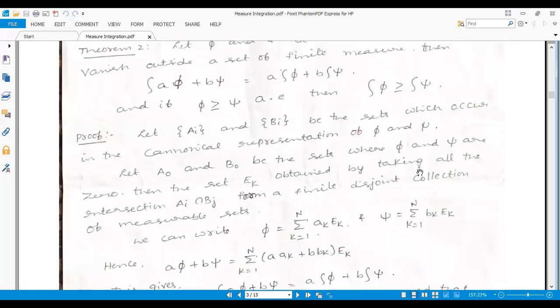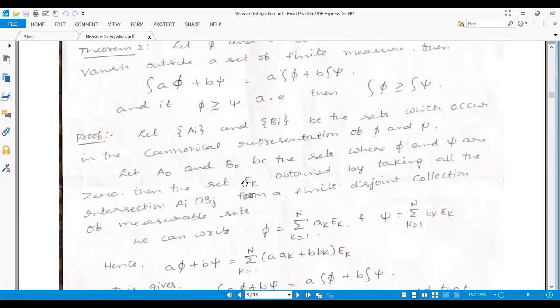In this, we first choose: let Ai and Bi be the sets which occur in the canonical representation of phi and psi. First, we can make a representation. That's why we choose Ai and Bi as the two sets. In particular, if you take i equal to 0, then we get A0 and B0, the two sets where phi and psi are 0, because it is given that phi is greater than or equal to psi almost everywhere.